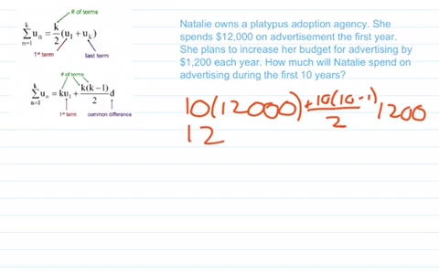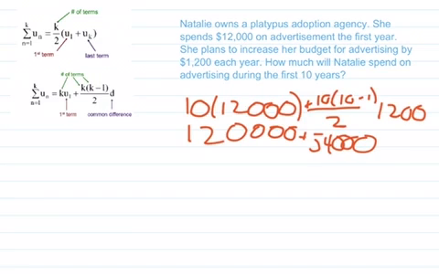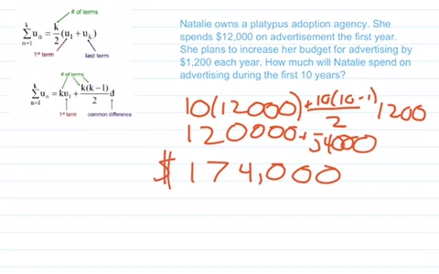Okay, so this equals 120,000 plus 54,000, which equals 174,000 per year.